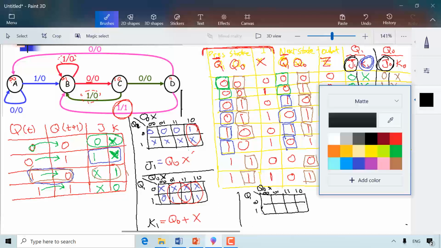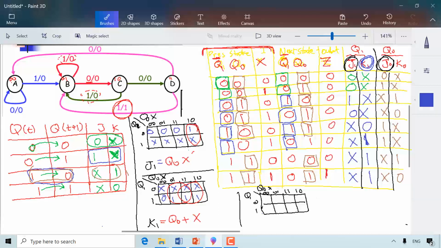So 0, 1, X, X, 0, 1, X, X, and then I have 1, 1, X, X, 1, 1, X, X.